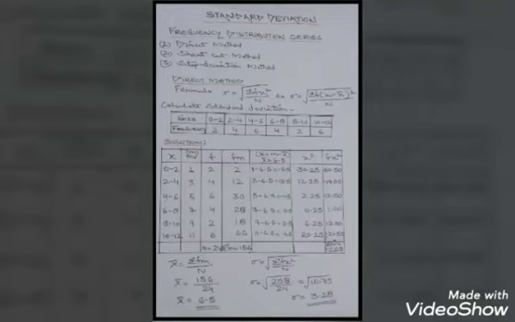Now let's put the values into the formula, which is standard deviation equals to square root sigma fx square upon n, where your sigma fx square is 258 to be divided by n, which is 24, and you get the square root of 10.75. And when you find out the square root of 10.75, your standard deviation comes to 3.28.